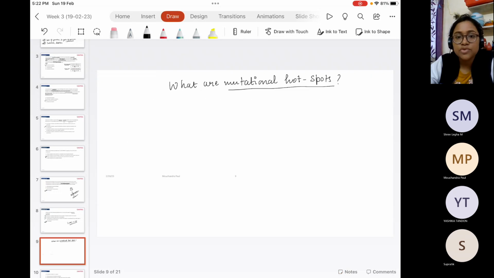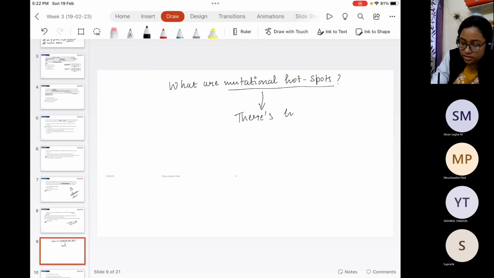Now, what are mutational hotspots? Mutational hotspots are those regions of the DNA segment of the chromosomes where there is a high chance of mutations to occur, for a particular type of mutation to occur.